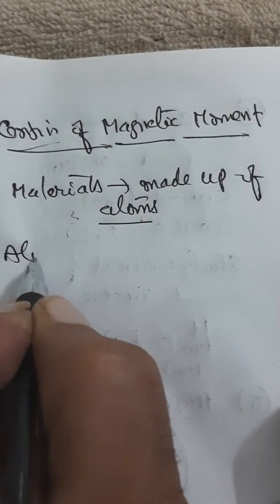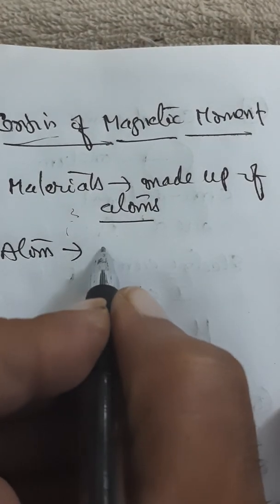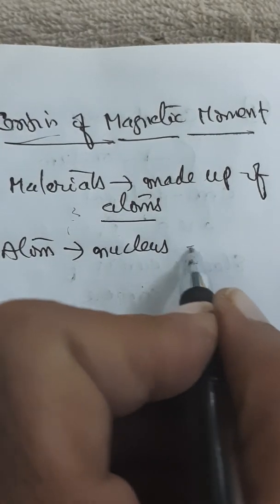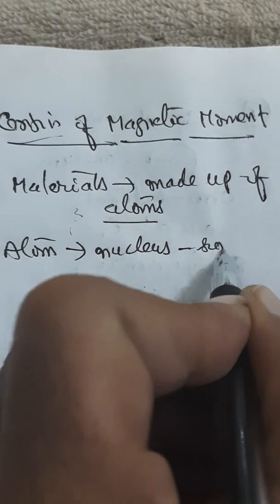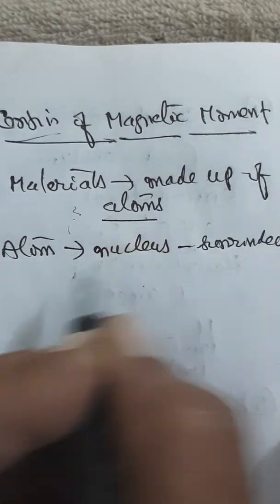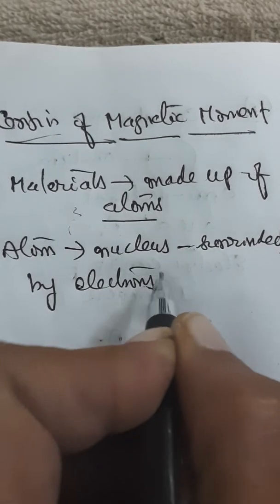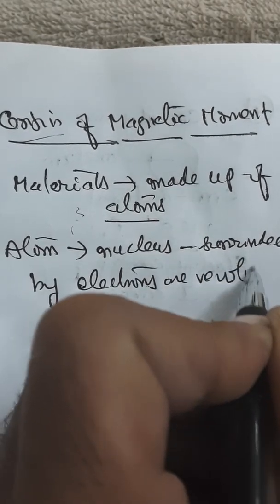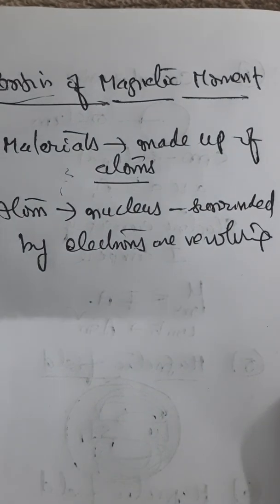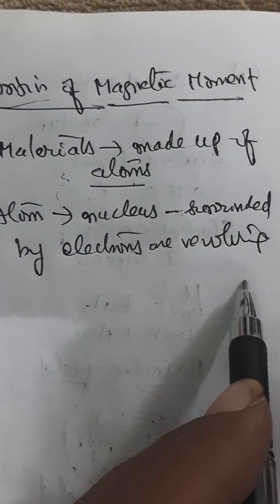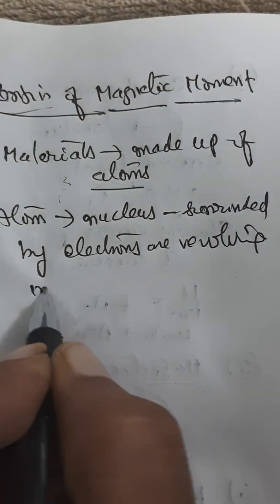Now when we say atom, atom naturally will have a nucleus surrounding which electrons are revolving. Every nucleus is surrounded by electrons that are revolving. As per modern atomic theory, they are revolving in where?